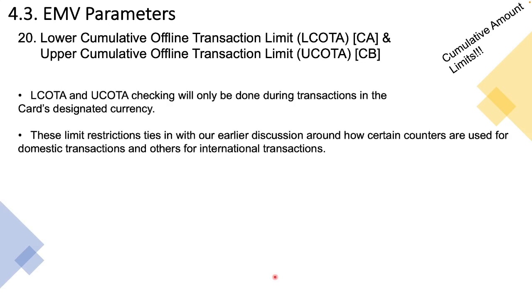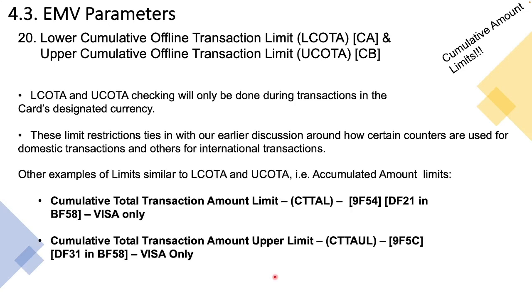So LCOTA and UCOTA checking will only be done during transactions in the card's designated currency. Logically, in order to accumulate these transaction values, all of the values have to be in the same currency. We've alluded to this in earlier discussions in the counter sections, how we use certain limits and counters for domestic transactions and certain limits and counters for international transactions.